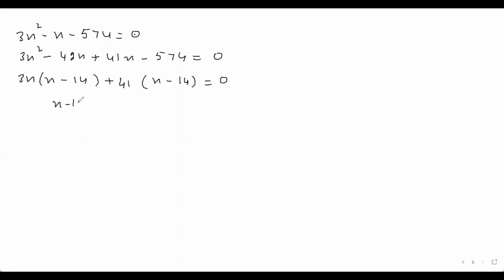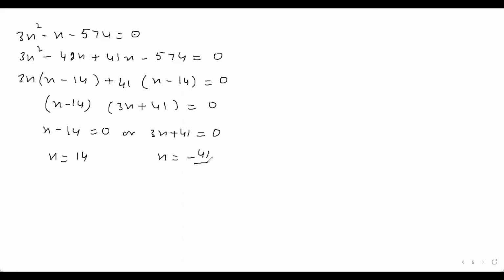This is (n minus 14) and (3n plus 41) is equal to 0. Either n minus 14 is 0 or 3n plus 41 is 0. Here n is equal to 14. Here n is equal to minus 41 by 3. So n cannot be negative. It implies n is equal to 14.